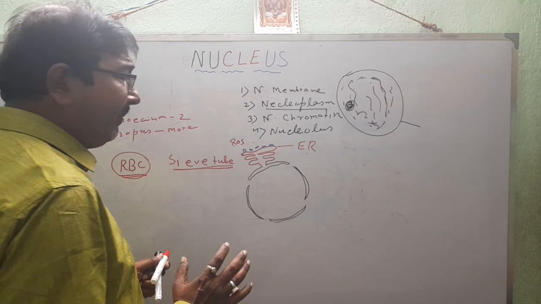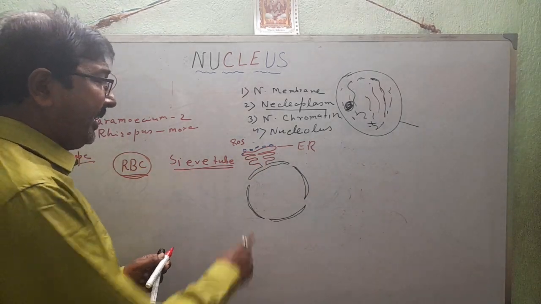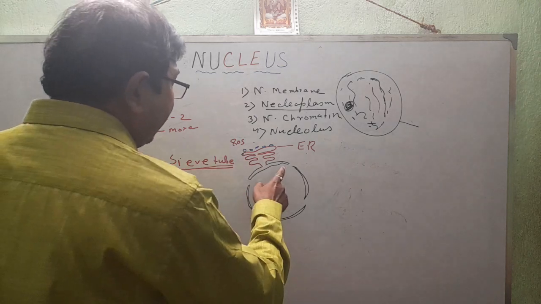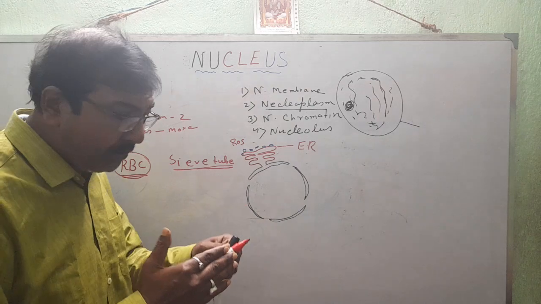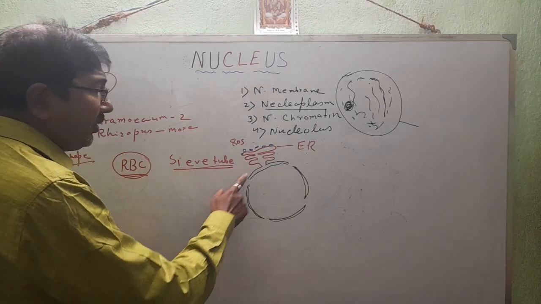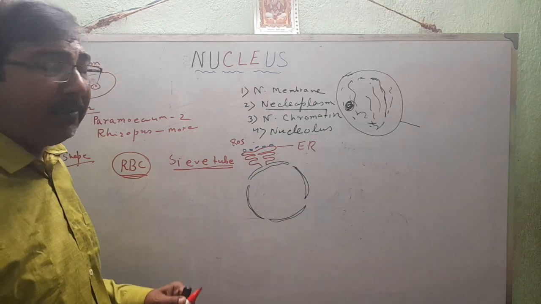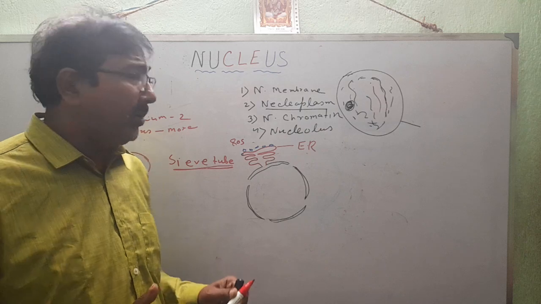Where the outer and inner membranes fuse, they form a pore-like structure. It is called the nuclear pore, and the number of nuclear pores depends on the function of the nucleus.